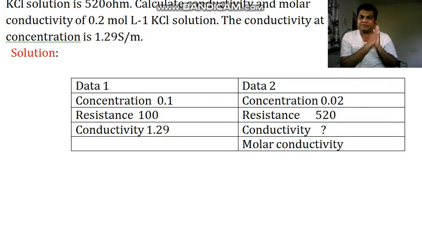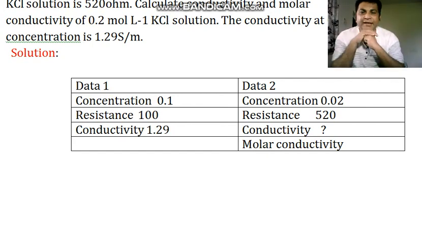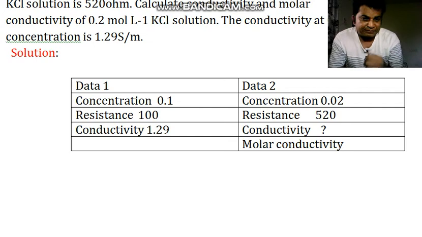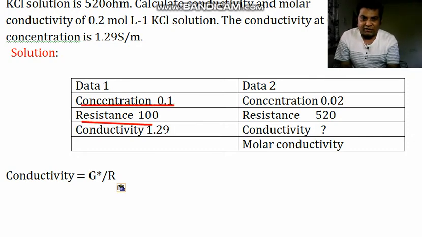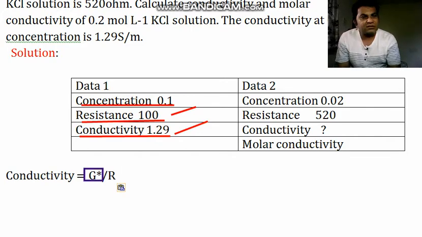For this calculation, just as we have given the idea: in data 1 you are given the concentration, resistance and conductivity, while in data 2 you have to find the concentration, resistance and conductivity. Now what is the formula for conductivity? The formula for conductivity is nothing but G star upon R. Now in the first case, all values are given in the first data: concentration, resistance also given, and conductivity also given. So using the resistance and the conductivity, we can find out which constant?